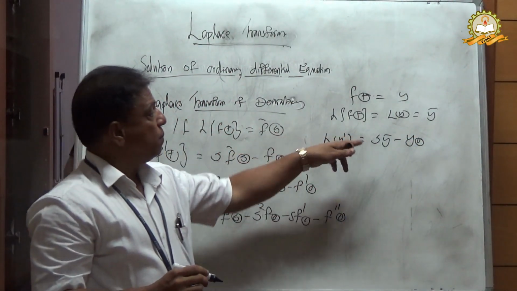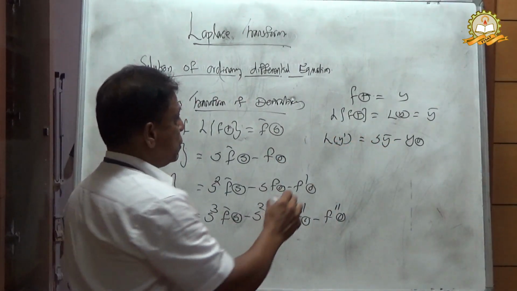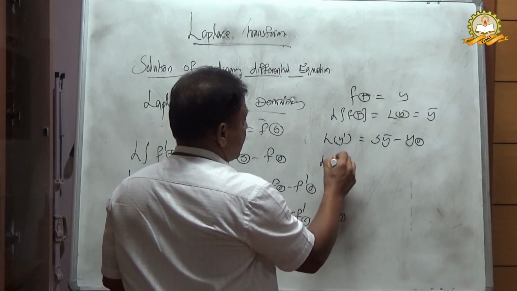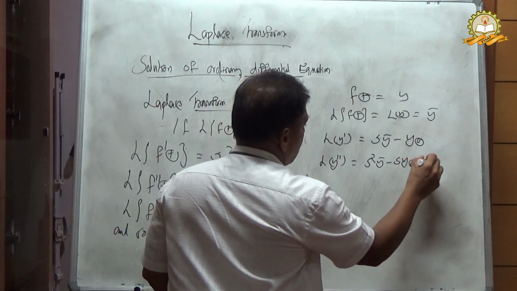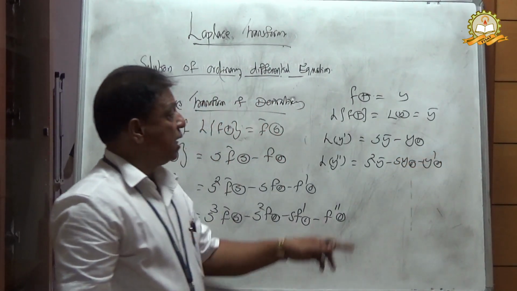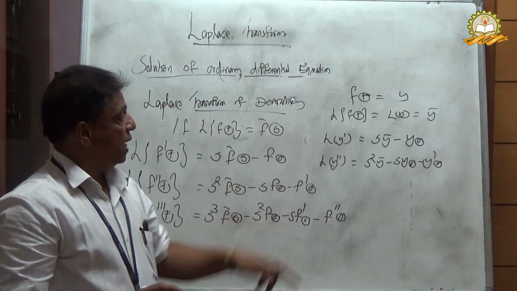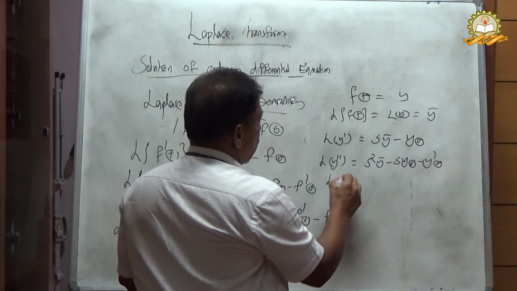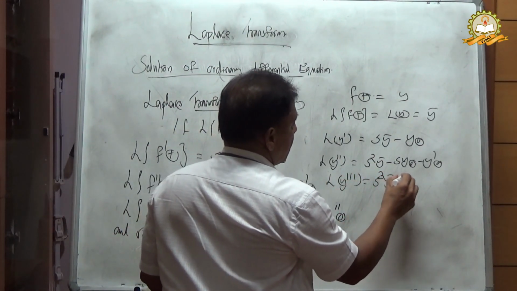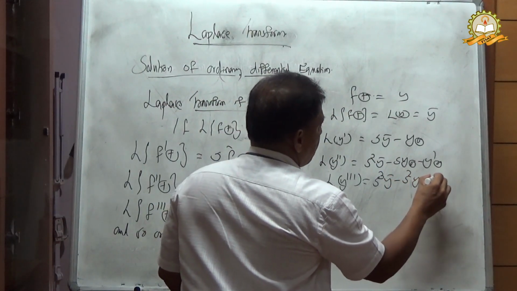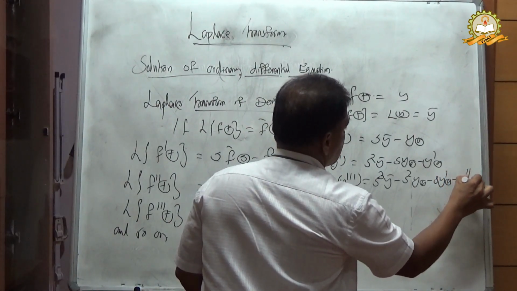When we solve the problem, we use this formula: L of y dash is equal to s into y bar minus y0. Similarly, L of y double dash is equal to s square y bar minus s y0 minus y dash 0. This is the second derivative. Similarly, L of y triple dash, the third derivative, is s cube y bar minus s square y0 minus s y dash 0 minus y double dash 0.